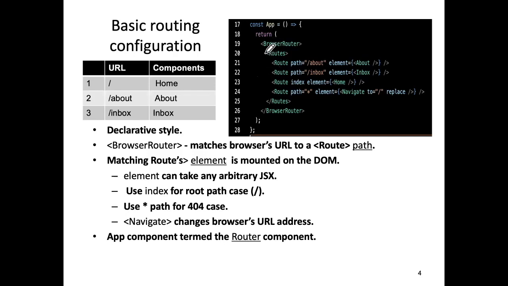It can have other stuff as well, and as we work our way through these routing samples, we'll see that we can put in arbitrary JSX in here as well. For example, if you want a static header across all your pages, the static header JSX would appear within this app component. And we tend to refer to the app component as our router component within our overall app.